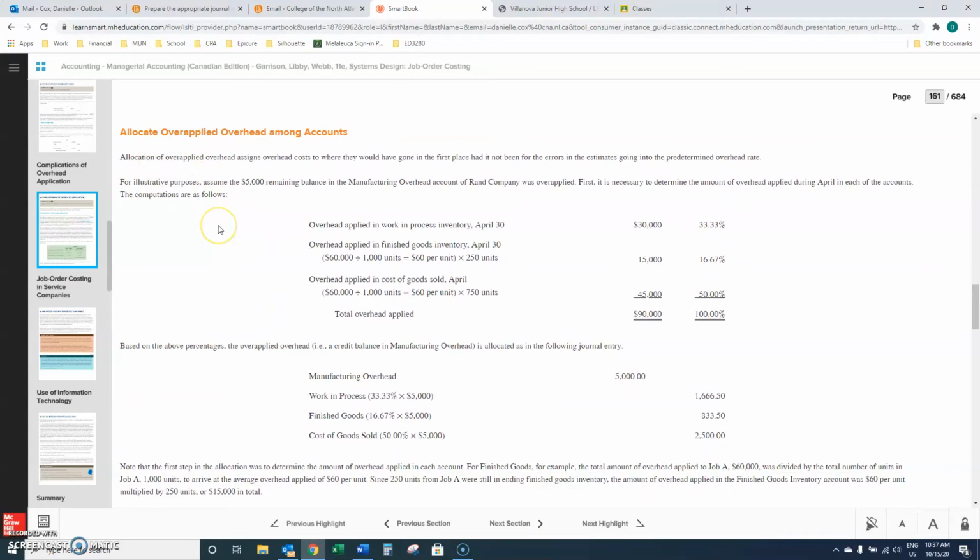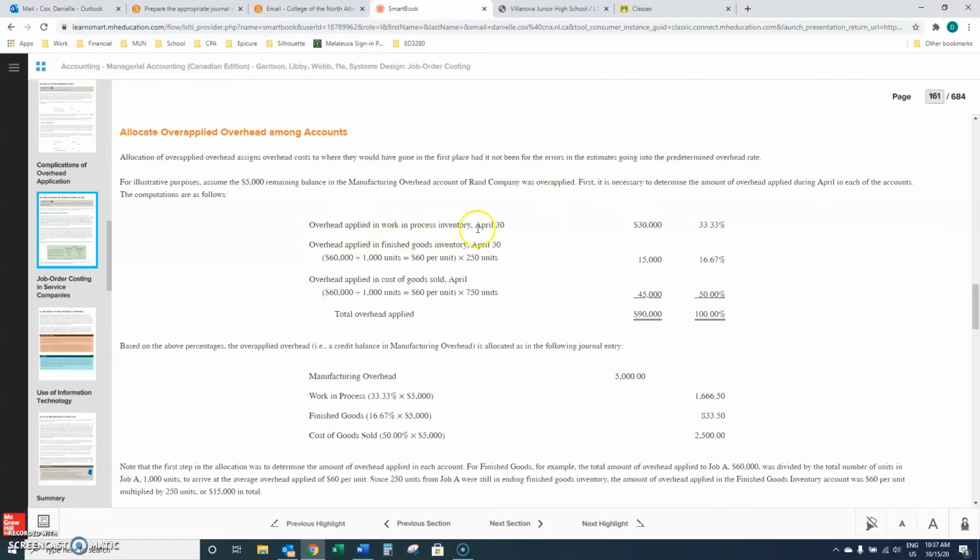So you allocate the over applied overhead based on where it would have been otherwise. So for the example that they had given, this amount is given to you somewhere in the question.